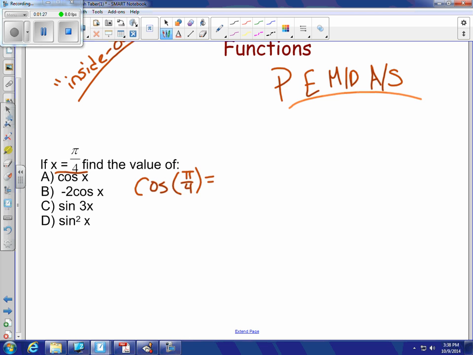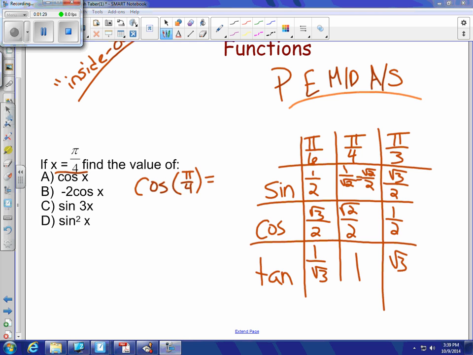So take a minute to go ahead and do that while I do it too. Okay, so there's your table. So what is cosine of pi over 4? Square root 2 over 2. Okay? Well, that was letter A. Not too hard, right? Pretty simple.